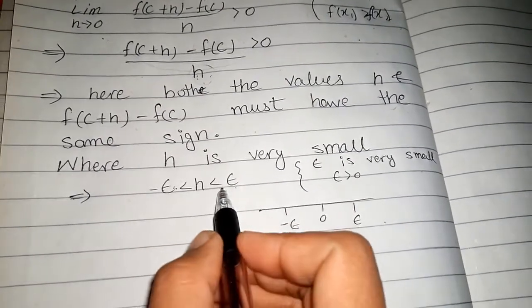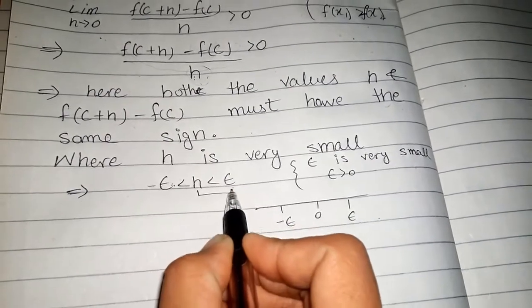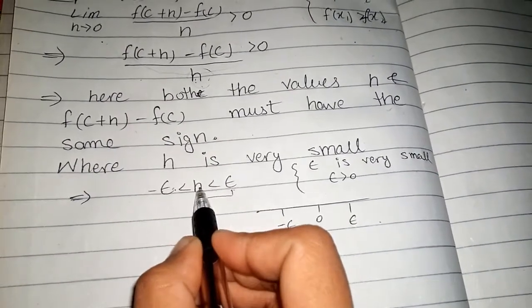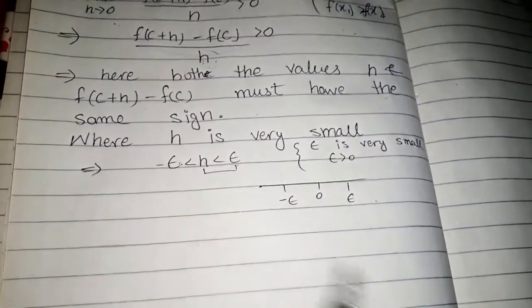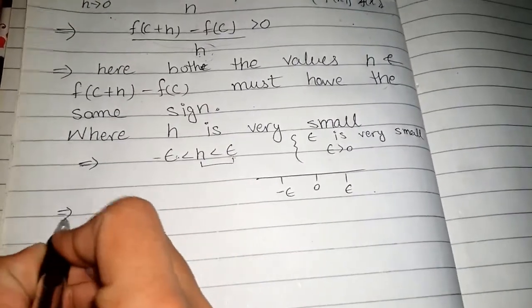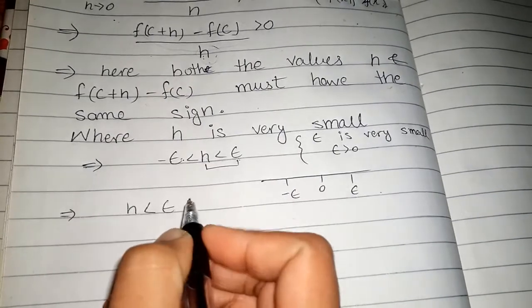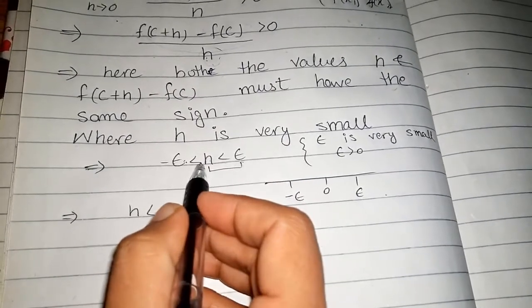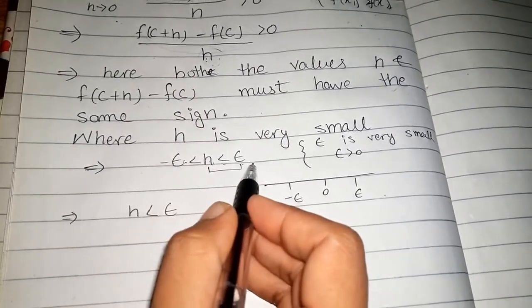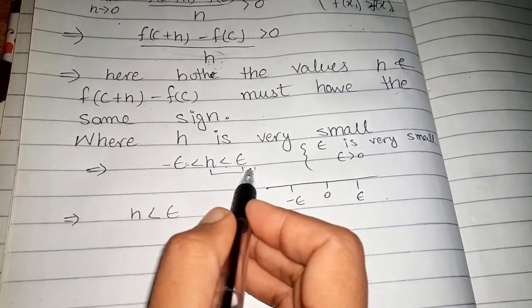If we take only that h is less than epsilon, because we have two cases here, we take the first case that h is less than epsilon.